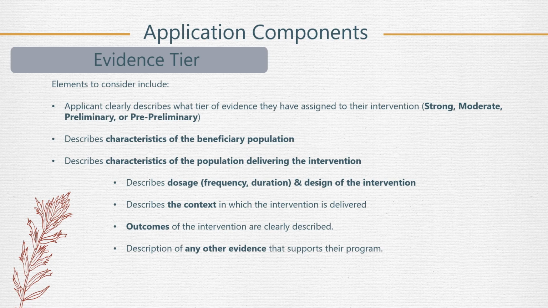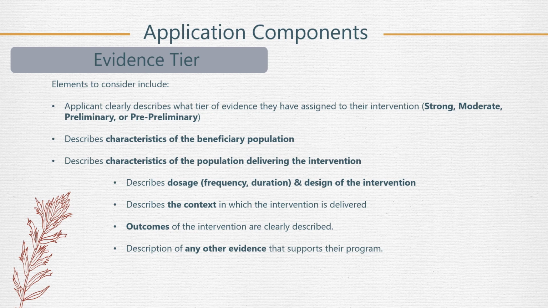As you look through the reviewer handbook, you'll really want to consider the evidence tier. These are some elements that we want to consider to make sure that as they have their application written, it will go on to be successful and sustainable. So some of these elements are that the applicant has clearly described what tier of evidence they have assigned to their intervention.